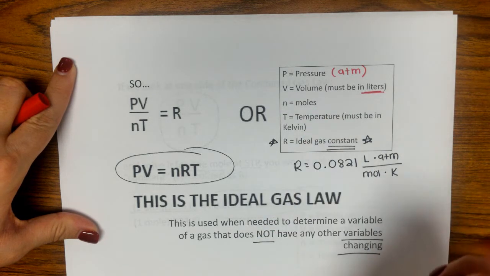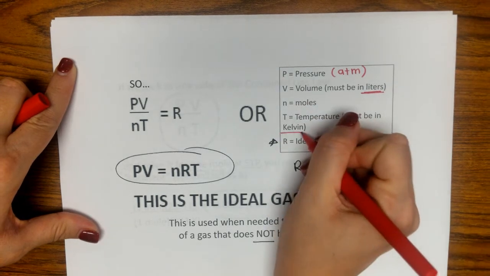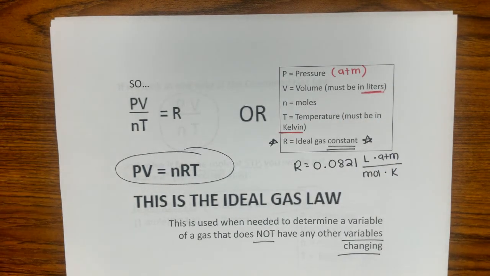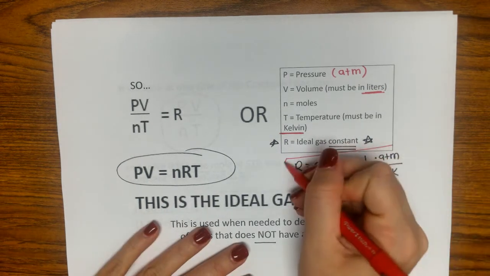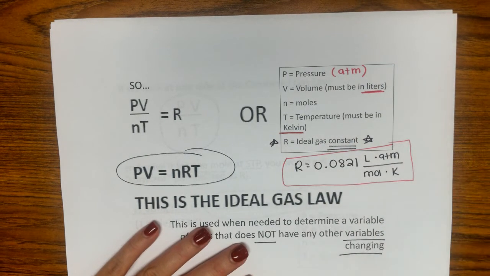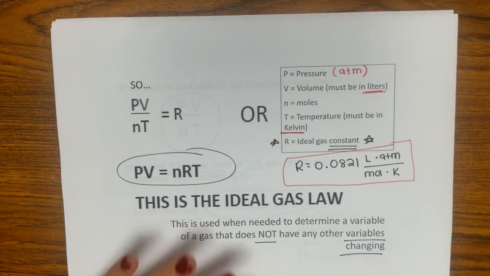Moles is moles, that doesn't change. And then temperature, as always, is in Kelvin. So you definitely want to write this equation down, and write down your constant, 0.0821, and then make a note that pressure has to be in atm and volume has to be in liters. And that is the ideal gas law.